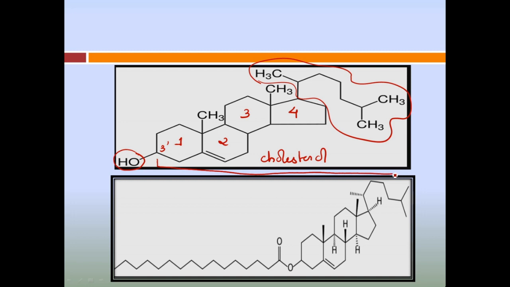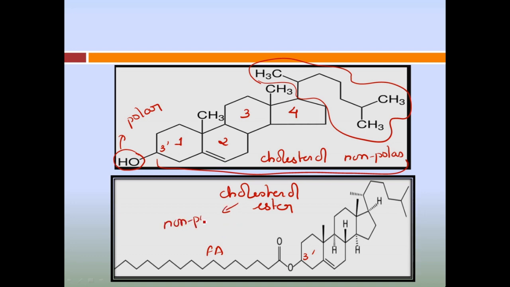So from here to this end it is totally non-polar in nature, and because of this OH it is polar in nature. Because of this, cholesterol is an amphiphilic lipid. Second diagram is a diagram of cholesterol ester. In this, a fatty acid will be attached to the cholesterol's third carbon and it becomes totally non-polar in nature.